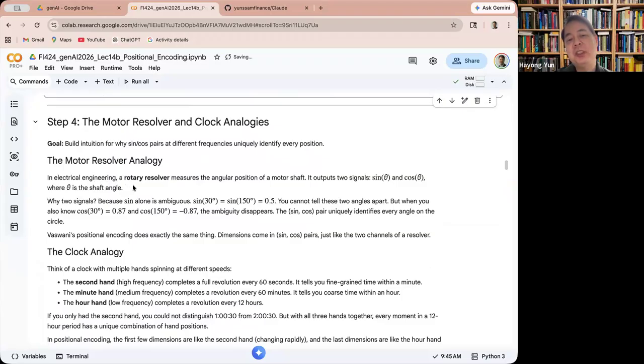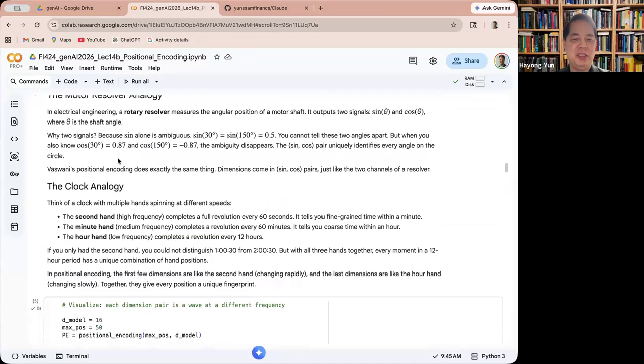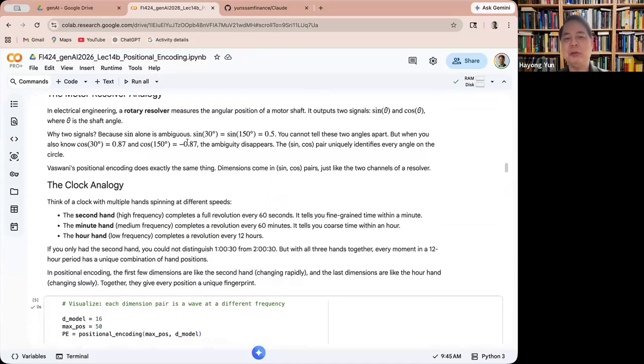In electrical engineering, a rotary resolver measures the angular position, at which angle the motor shaft is, and it's important for motor controls. It outputs two signals, sine and cosine theta at the shaft angle. And why these two? Because sine alone is ambiguous. Like sine 30 degrees and sine 150 degrees both give 0.5, and I don't know whether it's 30 degrees or 150 degrees.